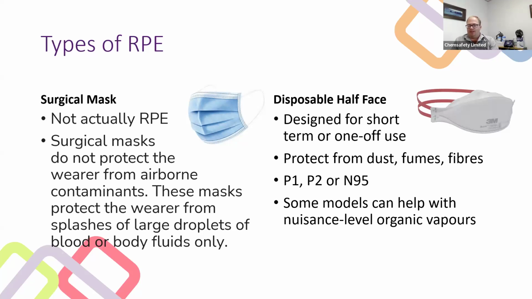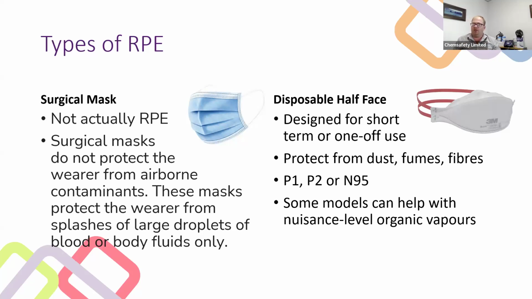So basically, the blood or whatever else has been splashed isn't touching the face, it's not getting on the mouth or the nose, so it can't be accidentally ingested or inhaled directly. It's really only to protect from those big splash type exposures, as opposed to if that same hazard was in a mist form or just suspended in the air, we will breathe it in through a surgical mask. It doesn't really filter. There's plenty of gaps for the air to get through and into our respiratory system.